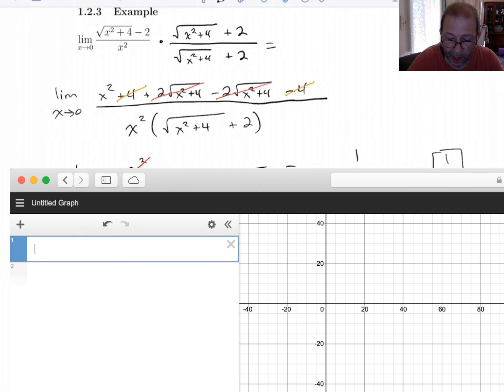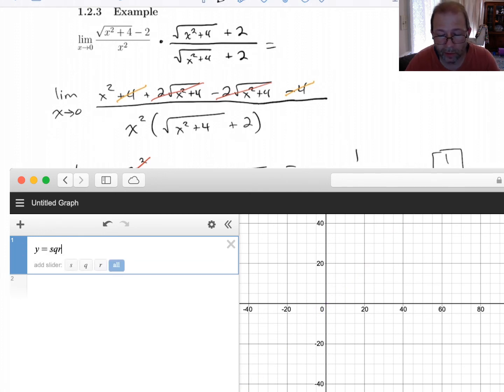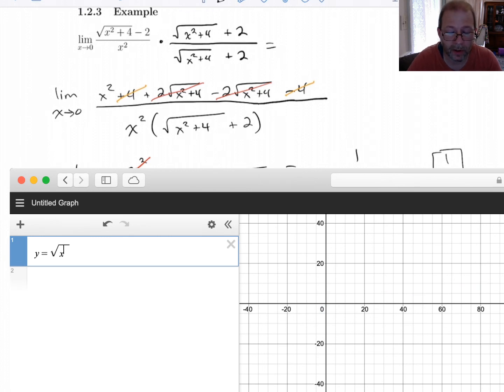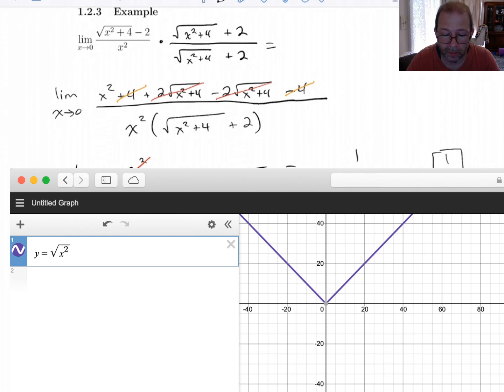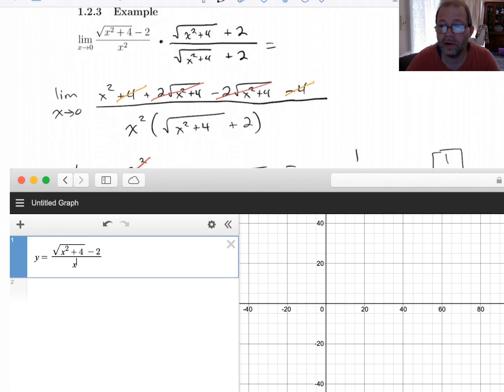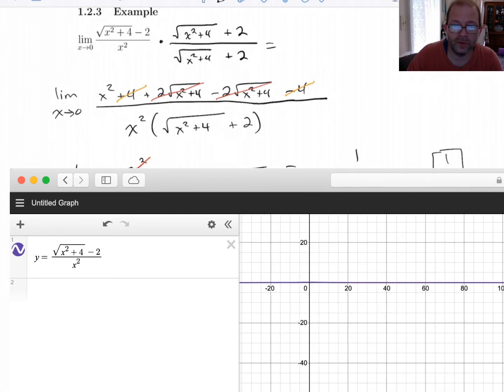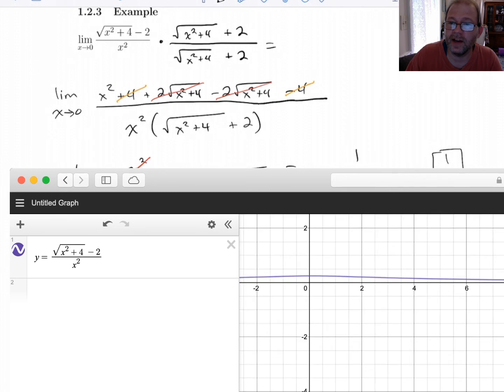Right, if I graph y equals the square root of x squared plus 4 minus 2, all of that divided by x squared. Now look at what happens to this when x goes to 0. I need to zoom in because right now it looks almost like a line.